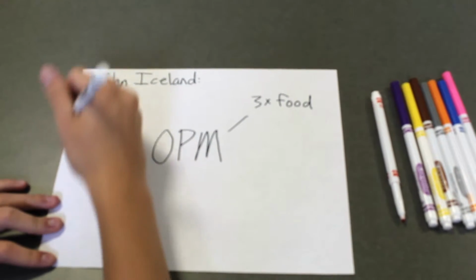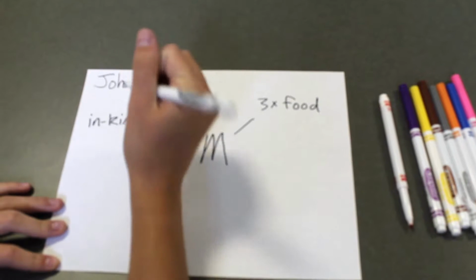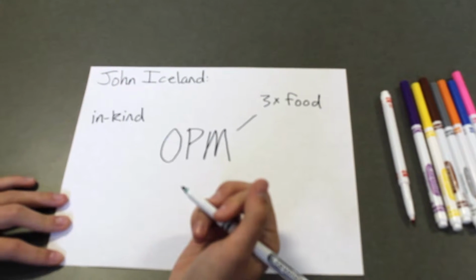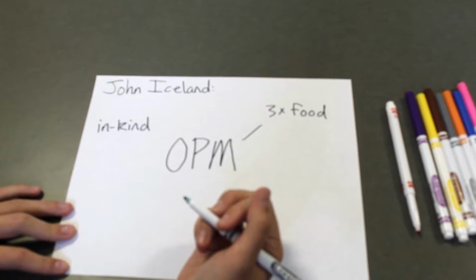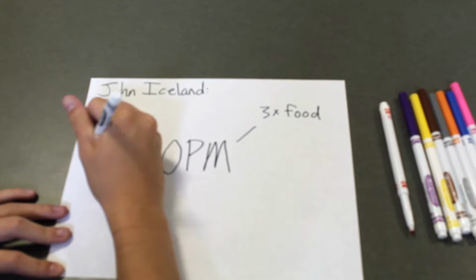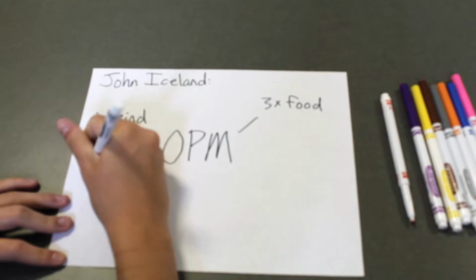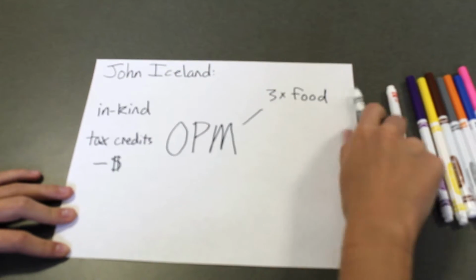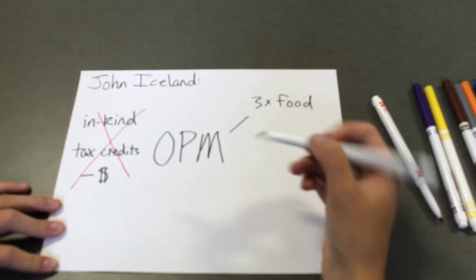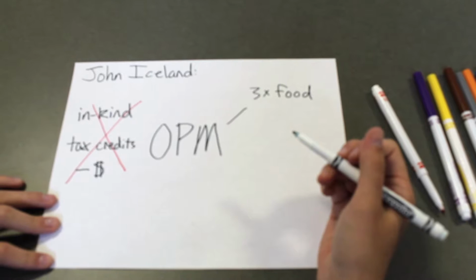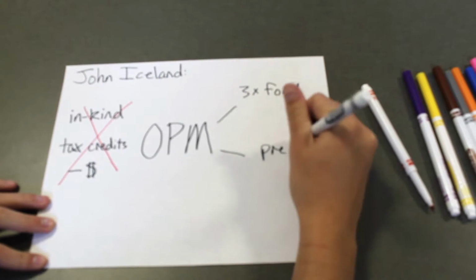It does not take into account in-kind benefits, which are public assistance programs like SNAP, WIC, housing credits, and Medicaid, near cash benefits like tax credits, or non-discretionary expenses that are relative for different households. In other words, the OPM measures poverty solely based on pre-tax income.